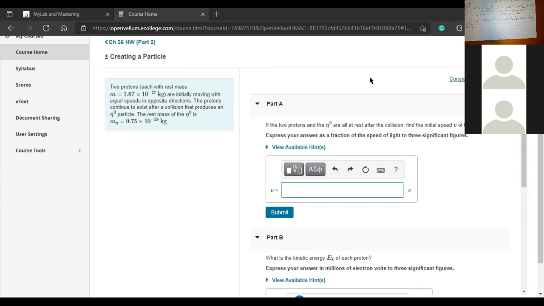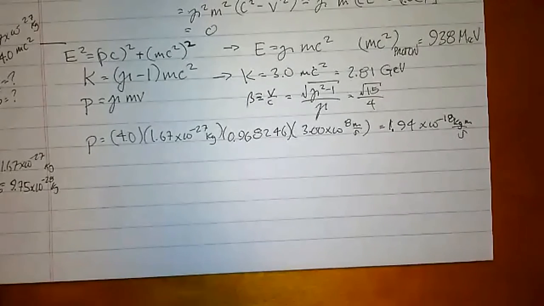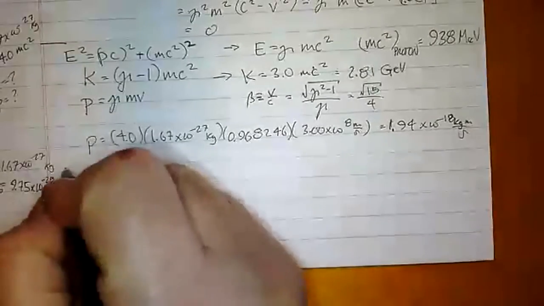But yeah, basically what's happening is the entire kinetic energy of one proton plus the entire kinetic energy of the other proton spontaneously added up to make the rest energy of the eta particle, and that's mc squared, where the eta particle is 9.75 times 10 to the negative 28 kilograms times c squared. So that's really what you're looking at here.